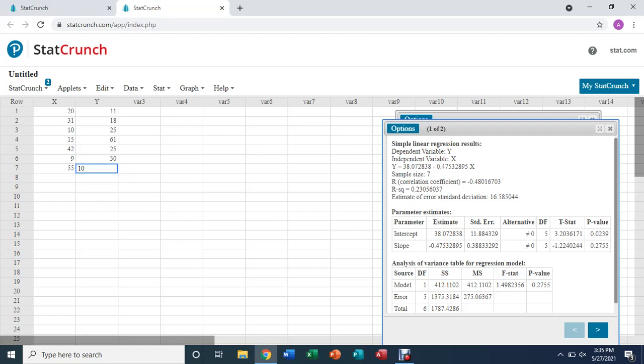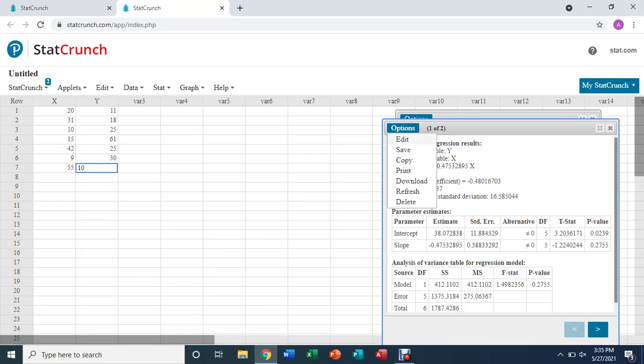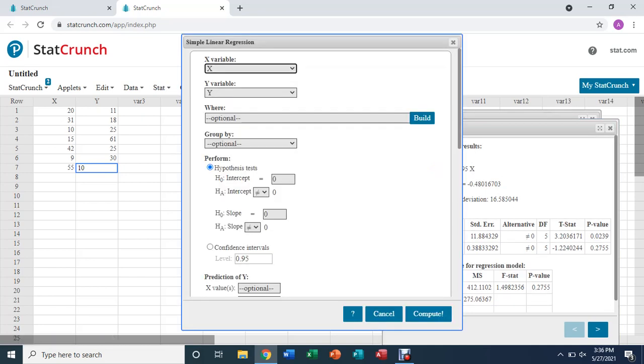But if there is a correlation between x and y, I can substitute the given value of x in this equation and use it to predict the value of y. Or I can even go to StatCrunch and do it like here.